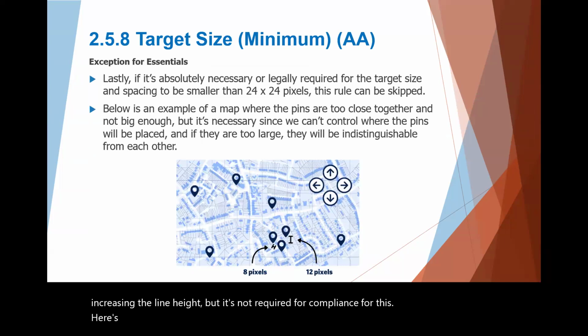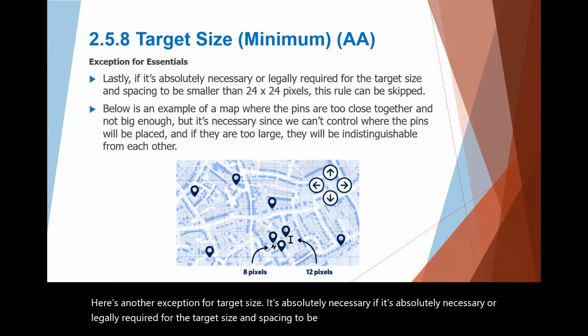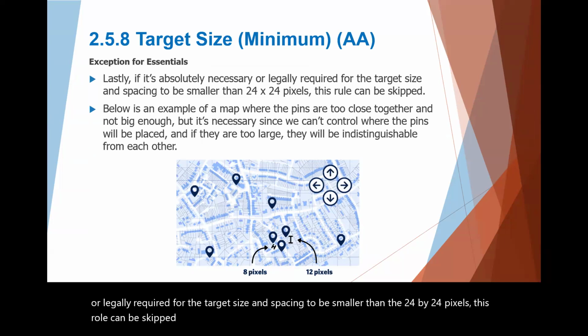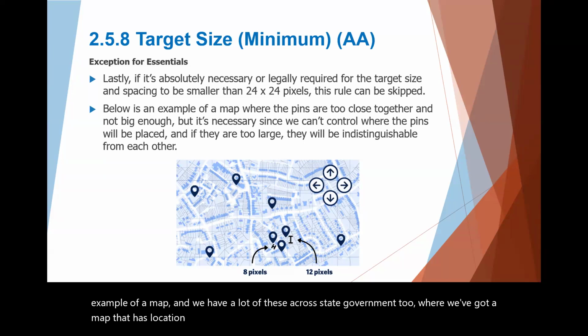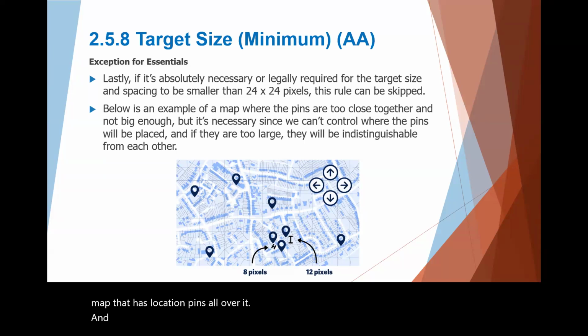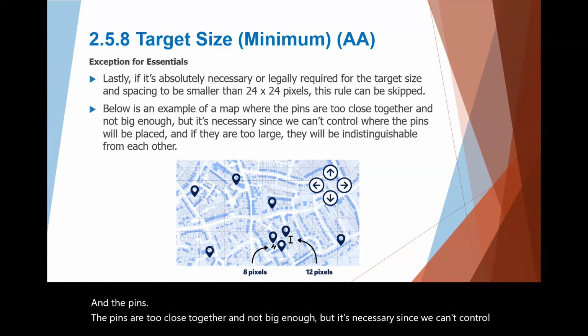Here's another exception for target size. If it's absolutely necessary or legally required for the target size and spacing to be smaller than the 24 by 24 pixels, this rule can be skipped. I'll provide an example. Below is an example of a map, and we have a lot of these across state government too, where we've got a map that has location pins all over it, and the pins are too close together and not big enough, but it's necessary since we can't control where those pins will be placed.